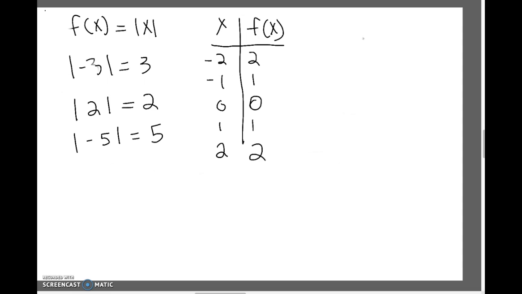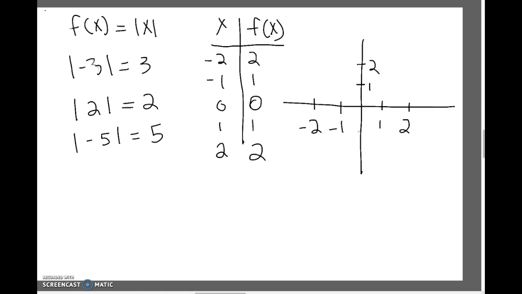Now let's draw our coordinate axes and try to get a graph here. I'm going to denote my x-axis with -2, -1, 1, and then 2, and my f of x axis or y-axis will be 1, 2, and -1, -2. At -2, the function evaluates to 2.